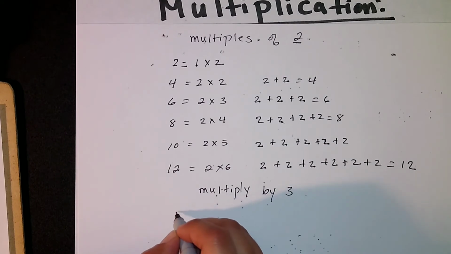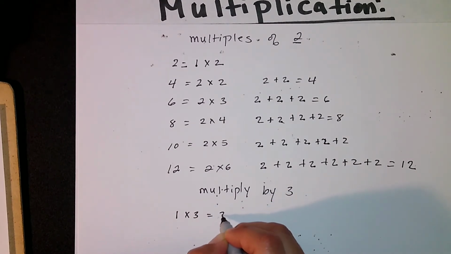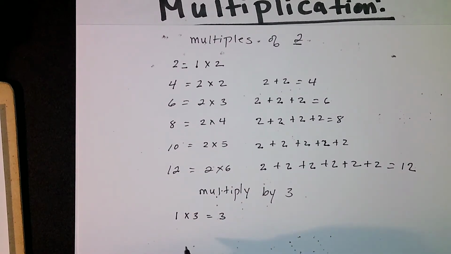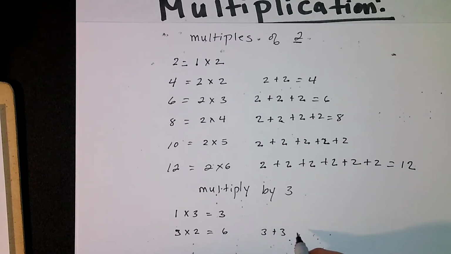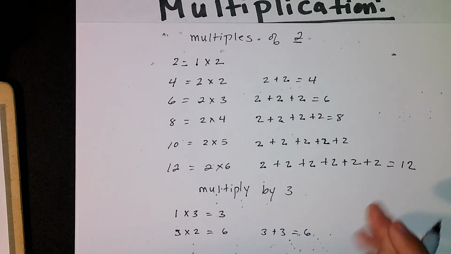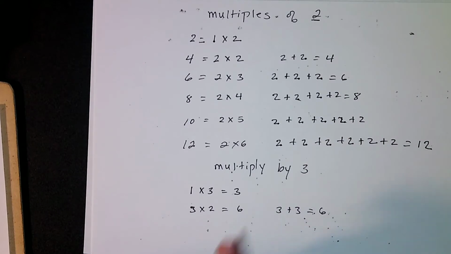Here we have 1 times 3 is 3. 3 times 2 is 6. 3 plus 3, see? 6. Okay?